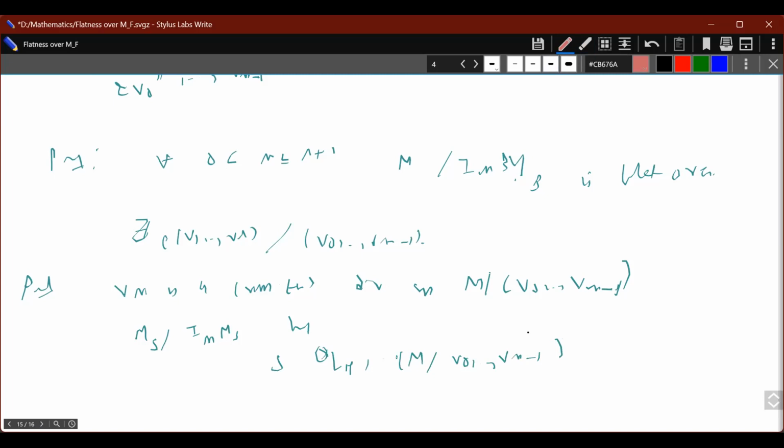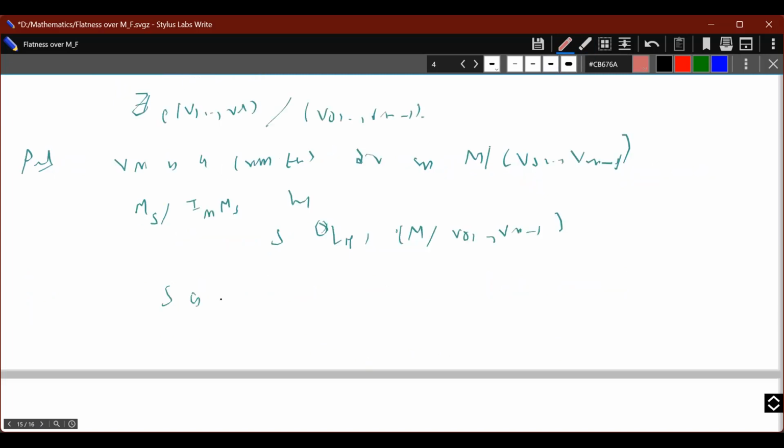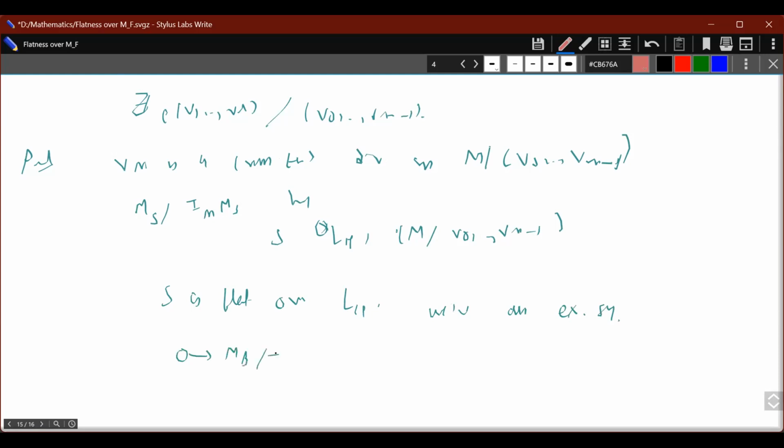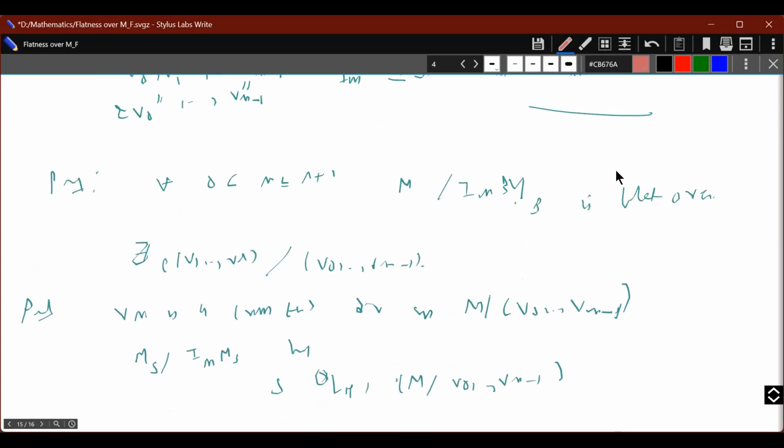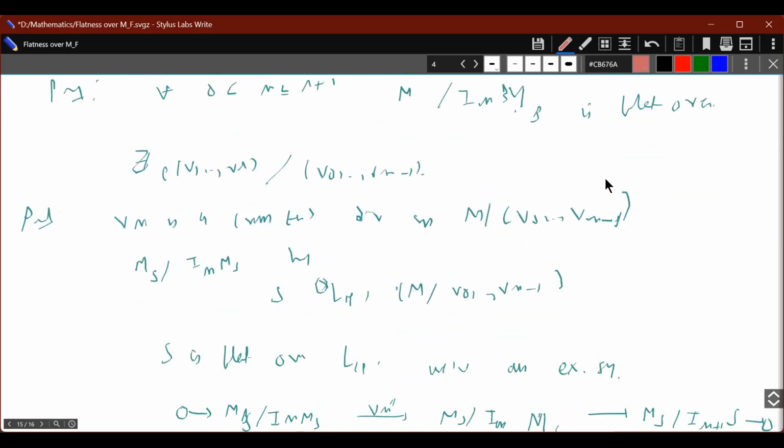So it's identified. So now we know that S is flat. So we have an exact sequence. So we saw that we have this, right? Using this we can define VM to be a non-zero divisor.